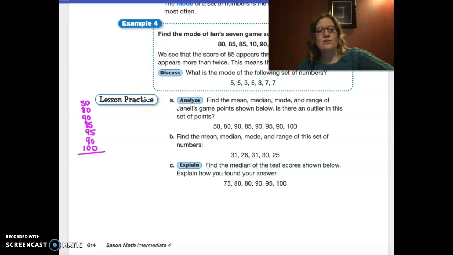And it looks like I've got 6. Let's see. Hang on. 7. Oops. So I'm missing something. 50 plus 80 plus 90 plus 85 plus, I think we forgot this 90 right here. So I'm going to put it right up here because that would really throw us off.